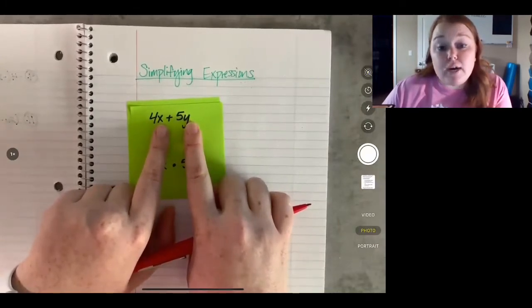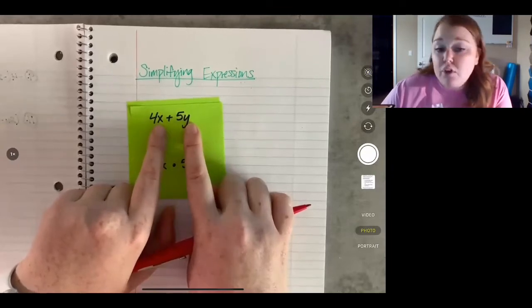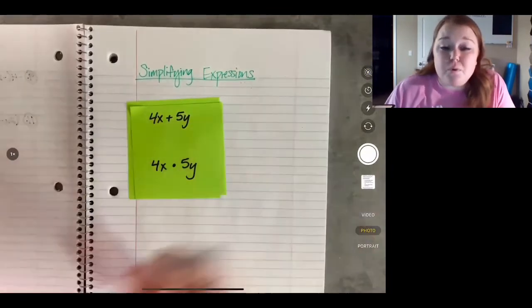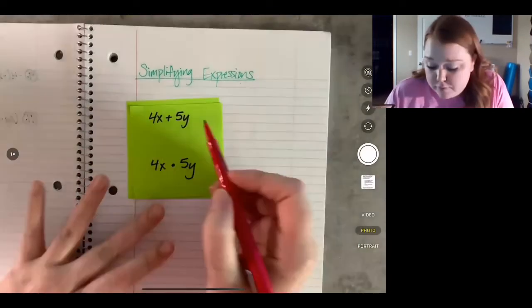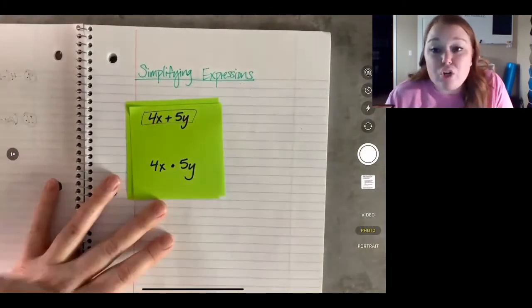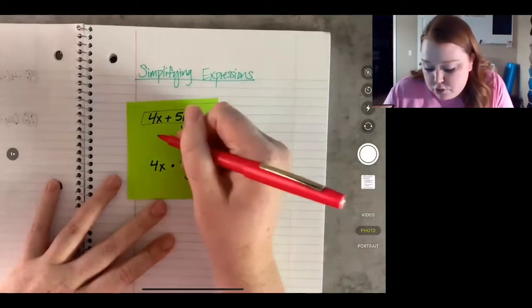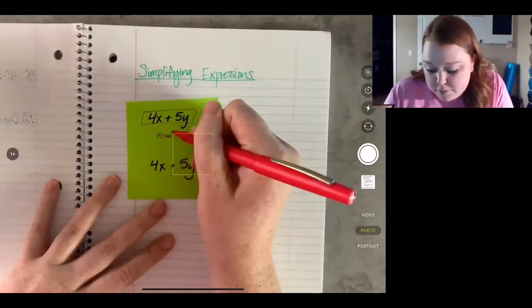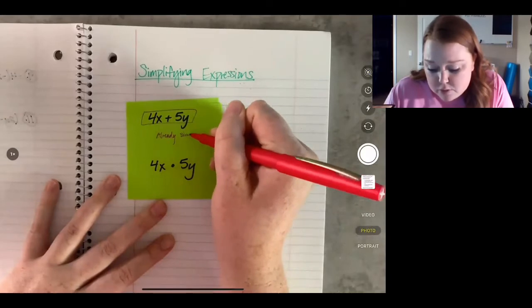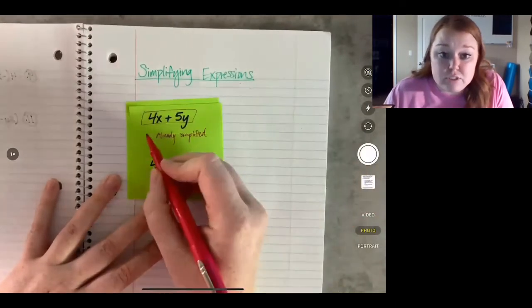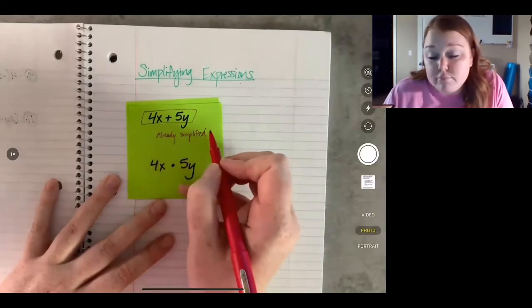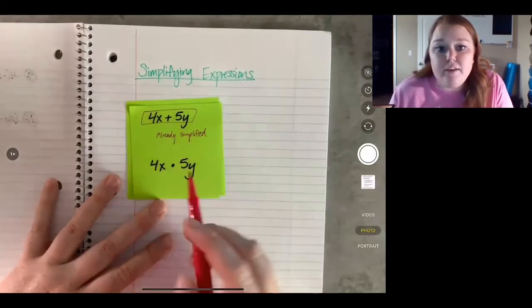And the answer is no. I can't combine those. Those are not like terms. So 4x plus 5y is just 4x plus 5y. That's already simplified. And you could just write already simplified. Or if that was truly a homework question or test question, you could just write 4x plus 5y as your final answer and box it up, okay?